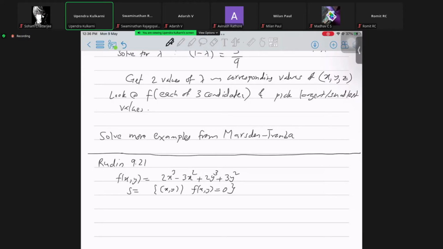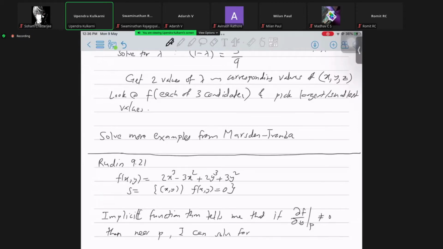Okay, so let me write this. Implicit function theorem: if this holds, then near P I can solve for what in terms of what?